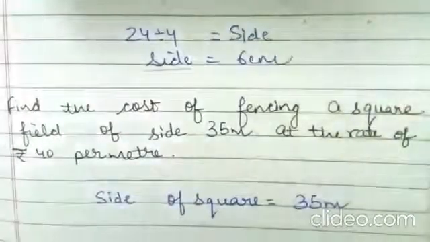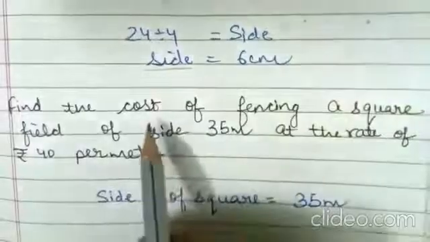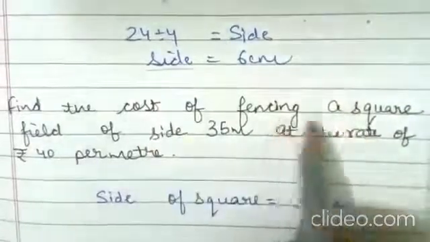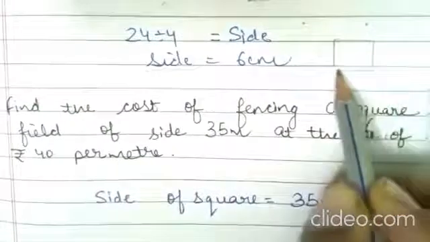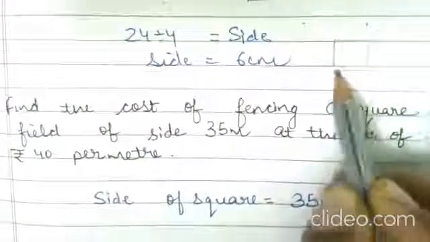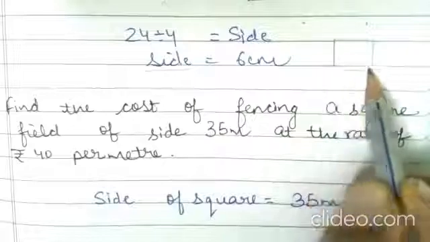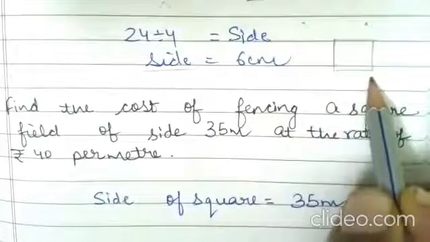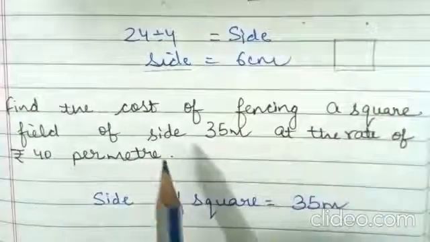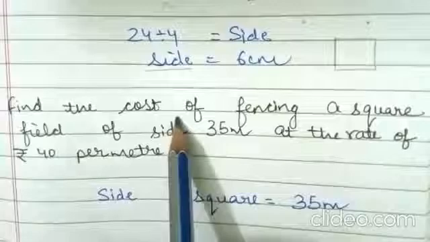Now children, fencing means you are making a barrier around a square field. So we will find the perimeter first, because we have to find the total cost.